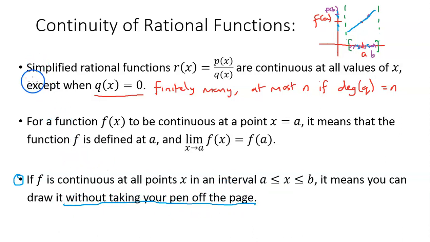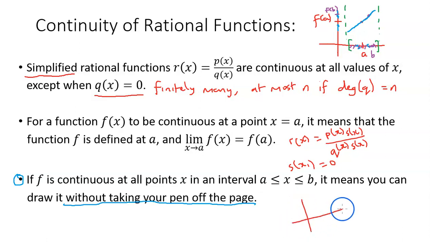Just a reminder that that's only for simplified rational functions. If r of x was non-simplified, like r of x equals p of x s of x divided by q of x s of x, and then if we have s of x1 equals 0, as we talked about before, there's going to be a discontinuity at x1.